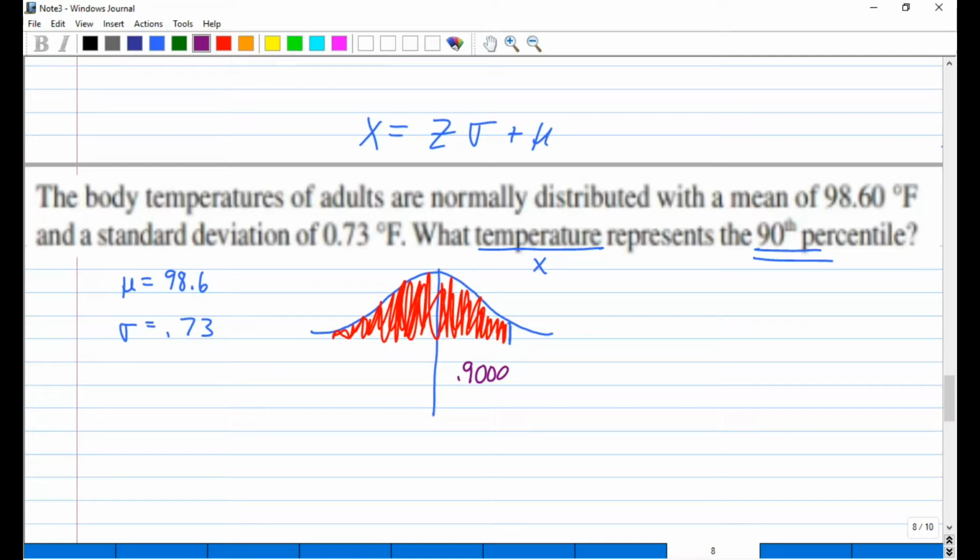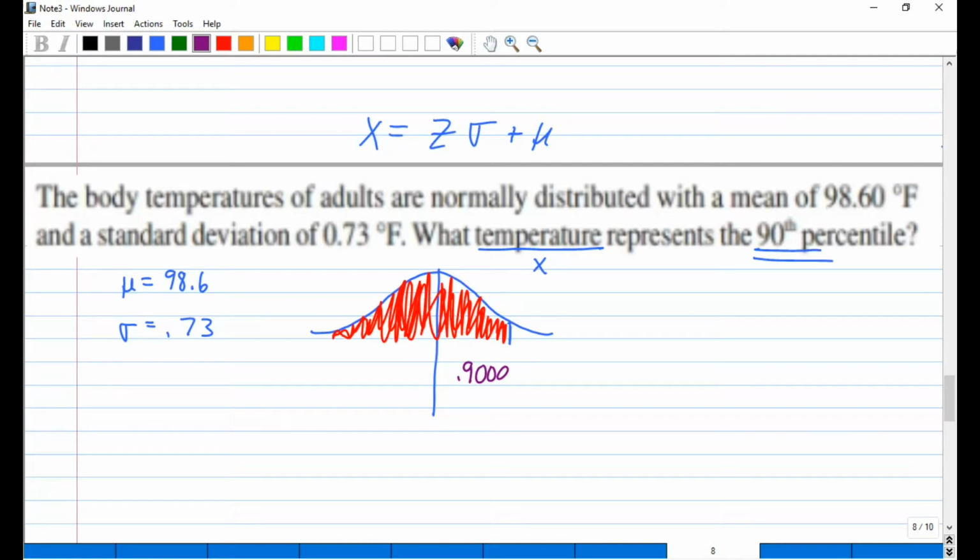Okay, so you're going to have to look on the positive z-score side. And then look out to the 10,000ths, because the number that I found is not exact, but it's closer than the one on the left or the right of it.